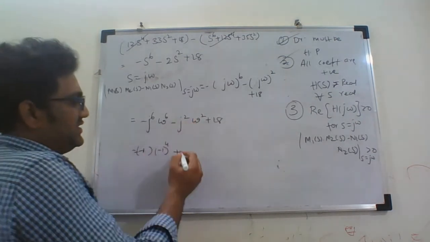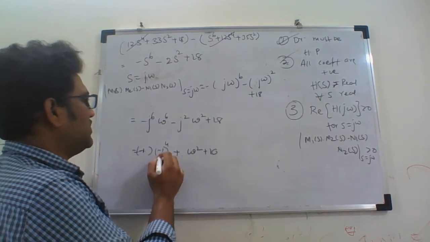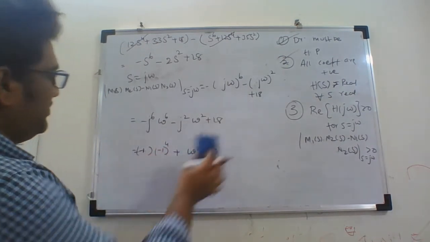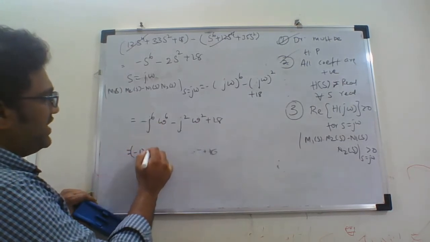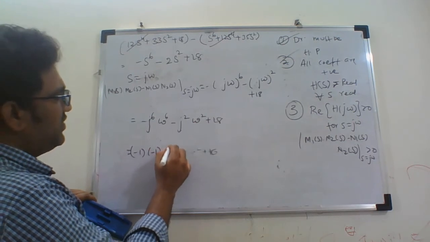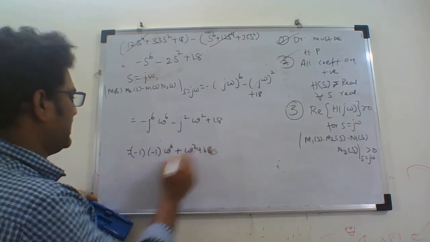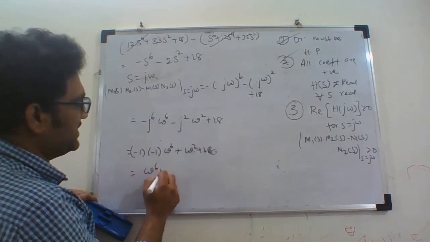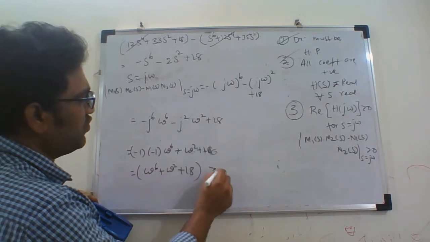So minus into minus is plus. Just a second. This will become omega power 6 and omega square plus 18. So we can write omega power 6 plus omega square plus 18, which is a positive quantity.